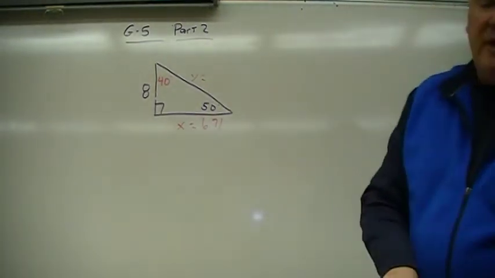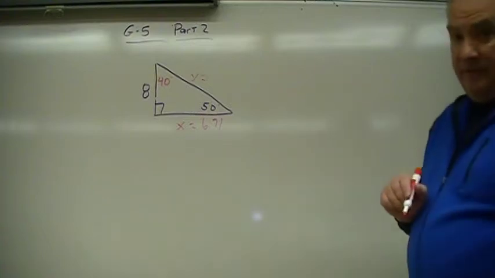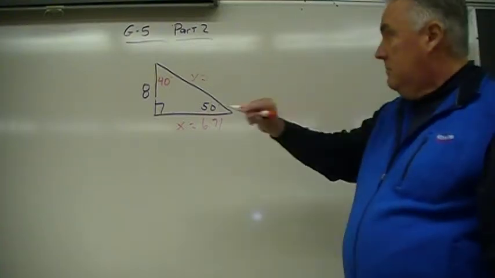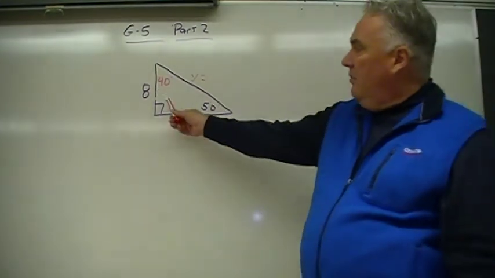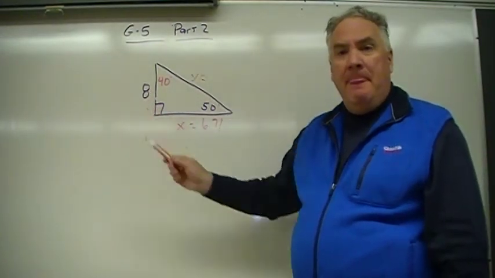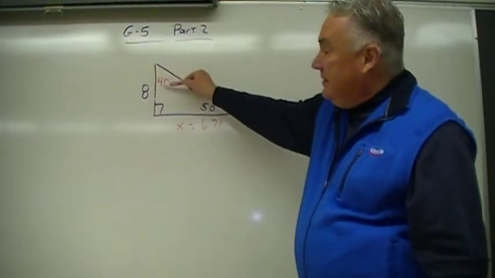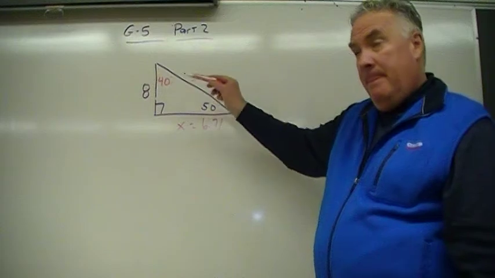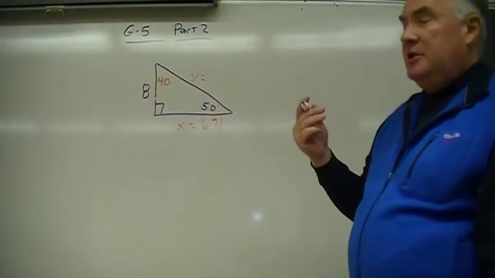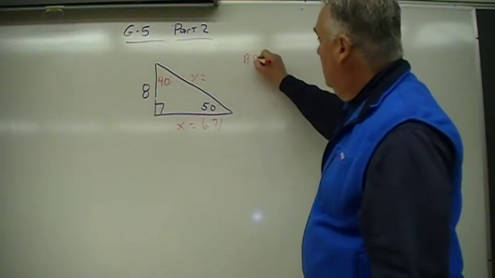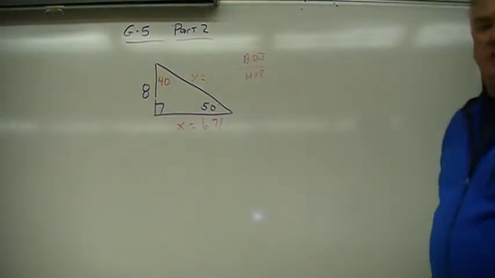Since I have your attention, I will show you another way that you could have done it. I could have used 40 as my reference angle. And maybe I wanted to use 8 again as the side that I use. Well, 8 is the adjacent side of 40. So what relationship uses adjacent over hypotenuse? That's our cosine.